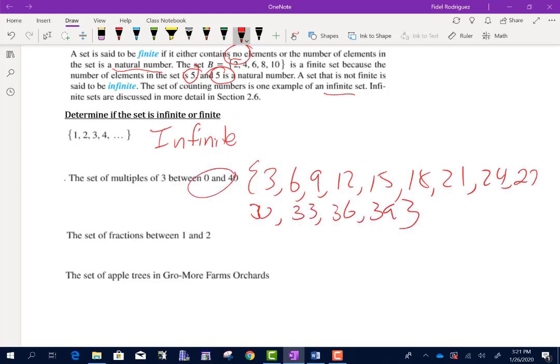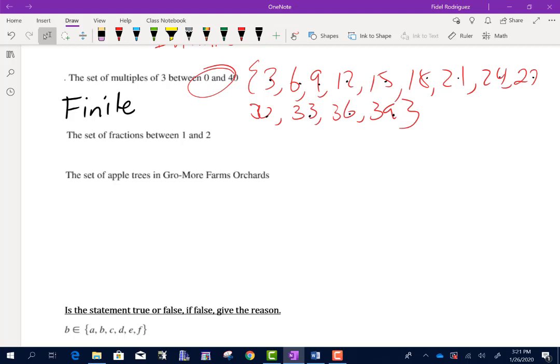I have to stop here because they have to be numbers between 0 and 40. And then if I wanted to, I could count them. Look, 1, 2, 3, 4, 5, 6, 7, 8, 9, 10, 11, 12, 13. This is going to be a finite set. There are 13 elements in that set there, right?